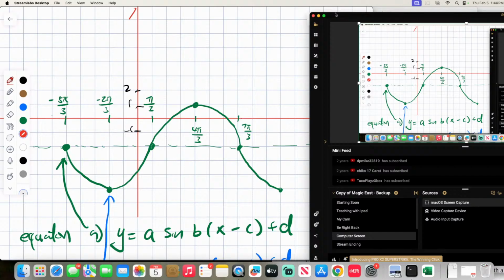Put a double parenthesis on it. You got it? Double check all the points. So if you got it, can you come up with a cosine graph that's the exact same thing?